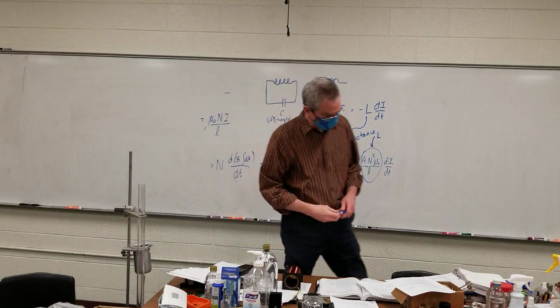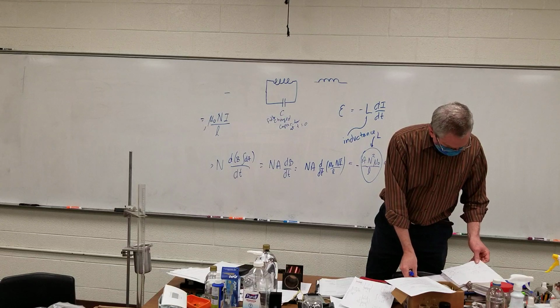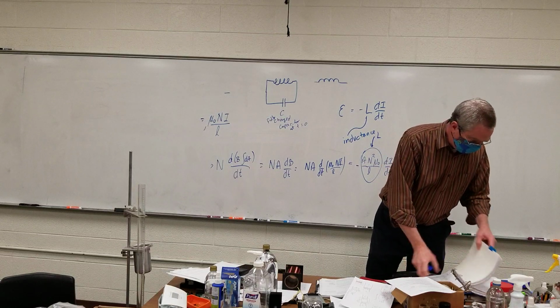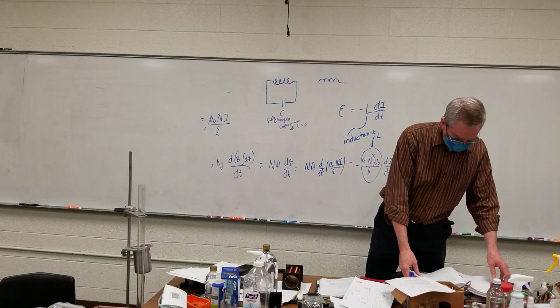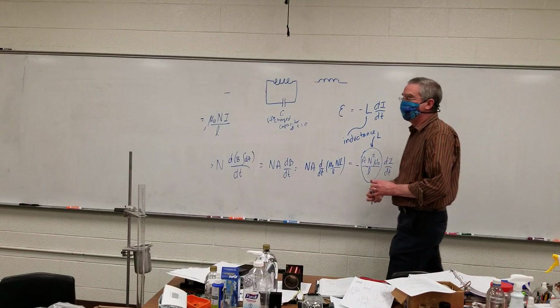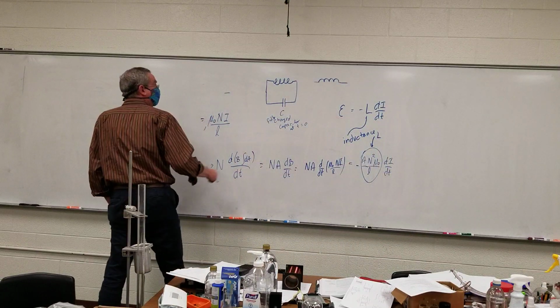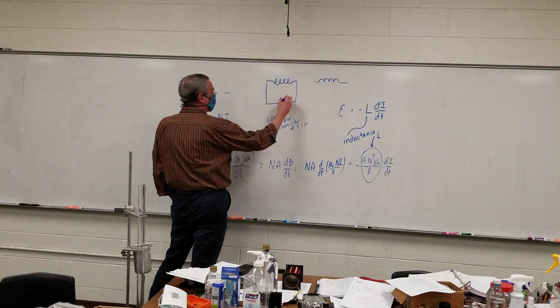And I need to do a quick glance, because what I don't want to do is get a minus sign in the wrong spot and then have to go back and fix that. Sorry. So let's make this a positive side and a negative side.